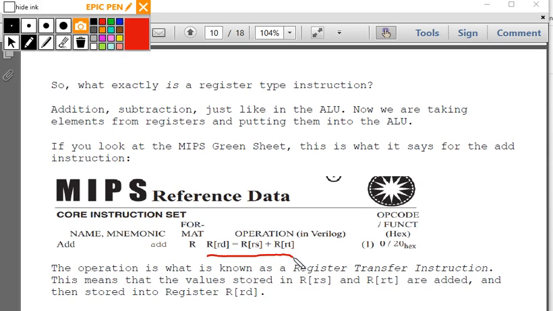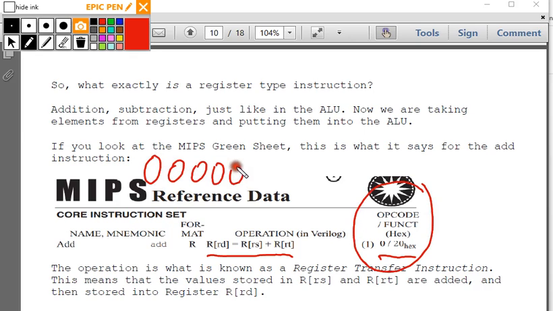So, but here, what this is telling us is we have our 6-bit opcode and our 6-bit function. Remember from section 3, you receive this funct value into the ALU control, and it gives you that 4-bit output, which then goes to the arithmetic logic unit. So remember we have 16 potential functions we have there. So here's what's happening. What this means is that the first 6 bits of the instruction are 0.